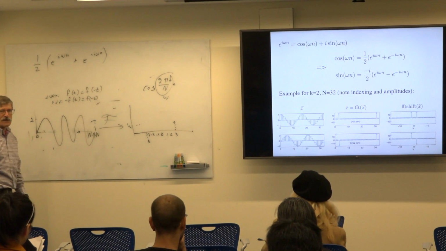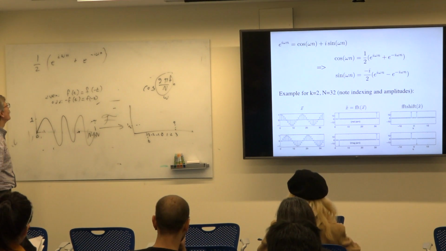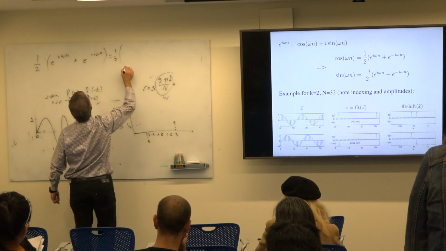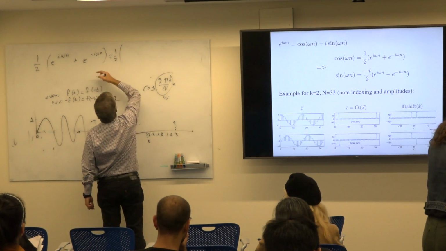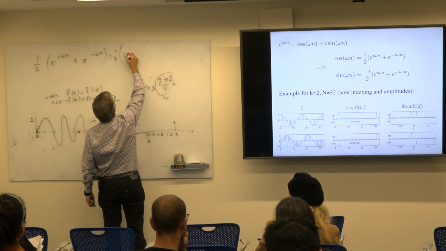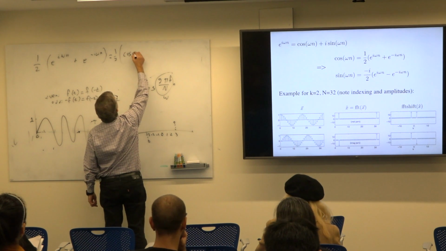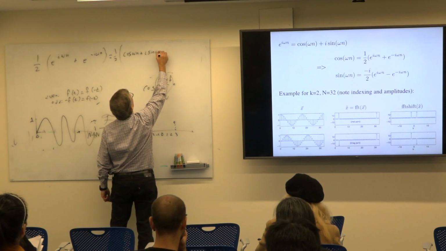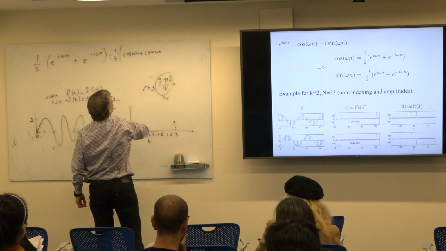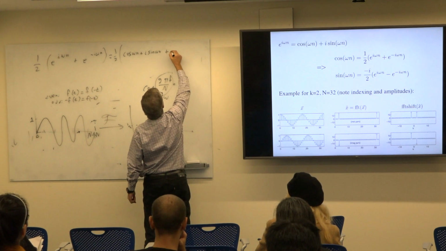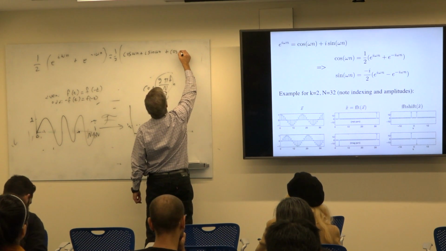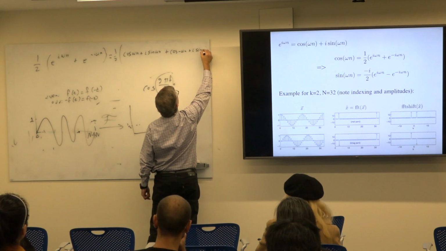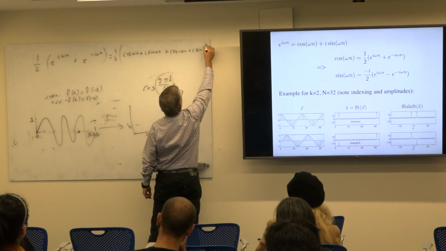Okay? Well, that looks awfully ugly, so let's write it out. That's 1/2 e to the I omega n is Euler's formula, so it's cosine omega n plus I sine omega n. This is the same thing except negative frequency, plus cosine minus omega n plus I sine of minus omega n.